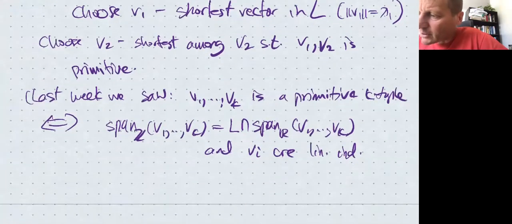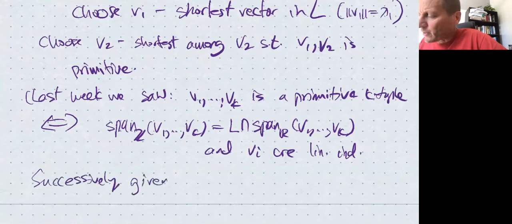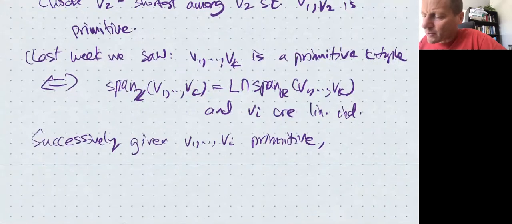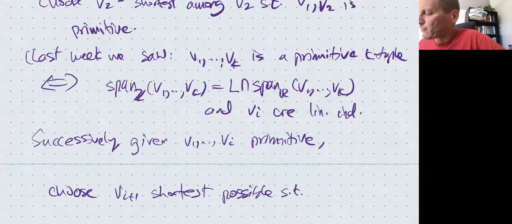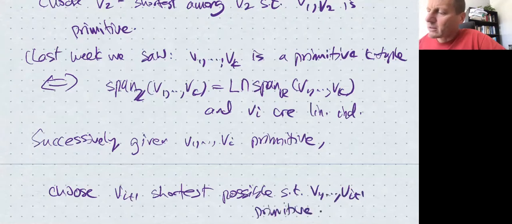So successively, given V1 up to Vi primitive, choose Vi plus 1 as short as possible so that V1 up to Vi plus 1 is also primitive. That's something you might try to do.